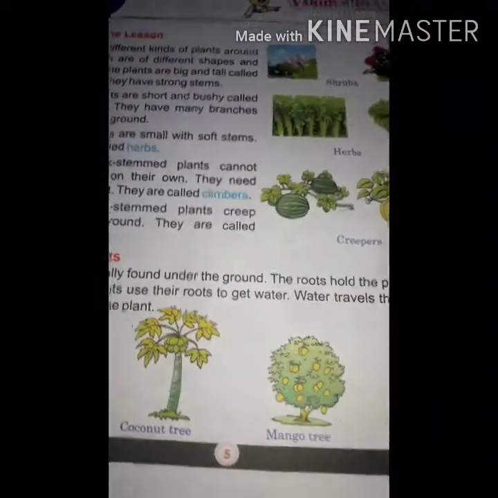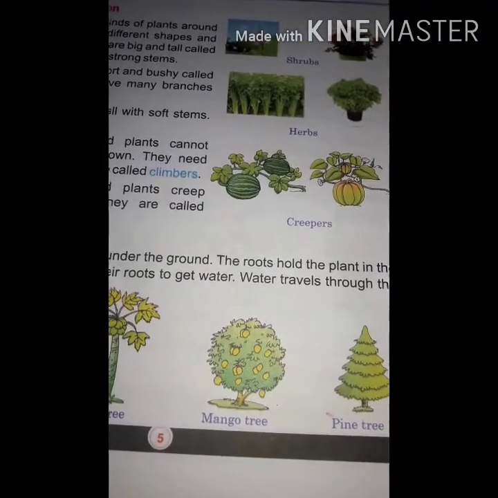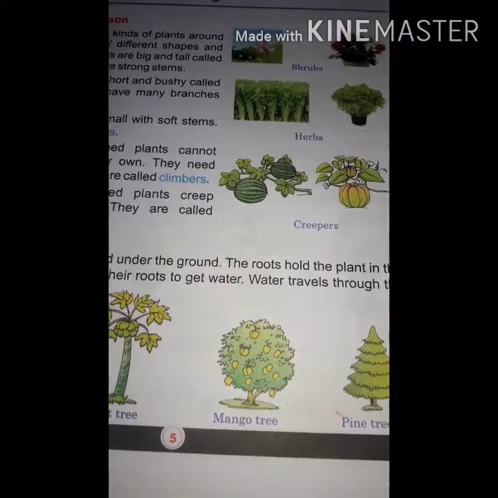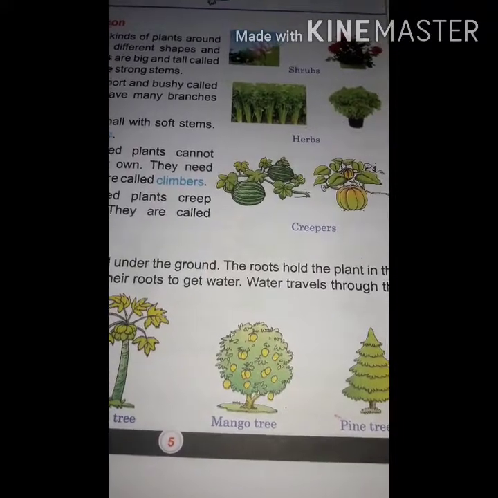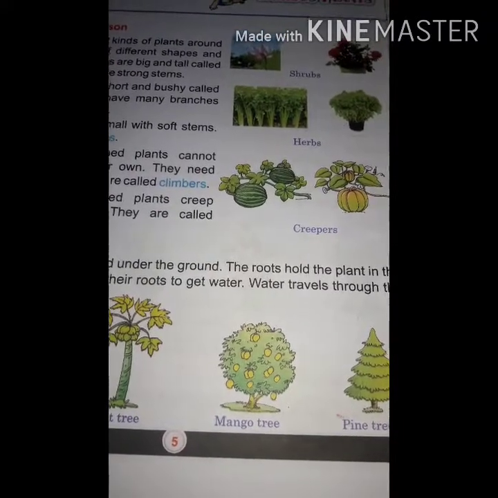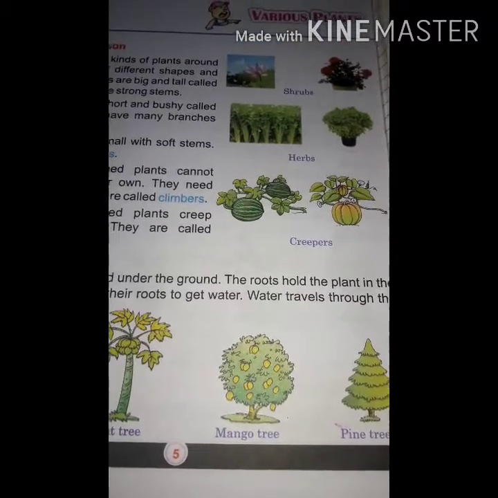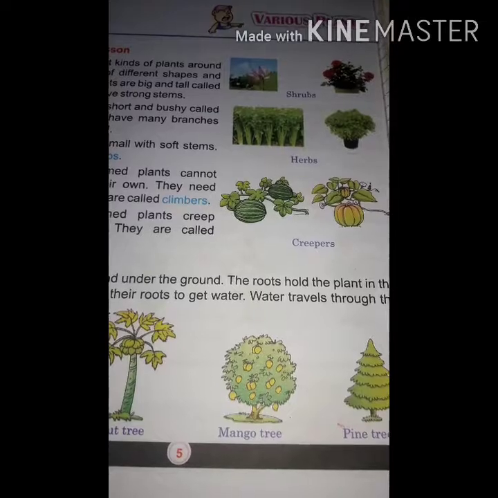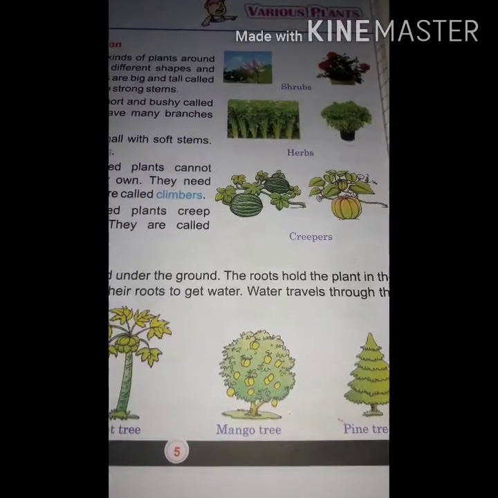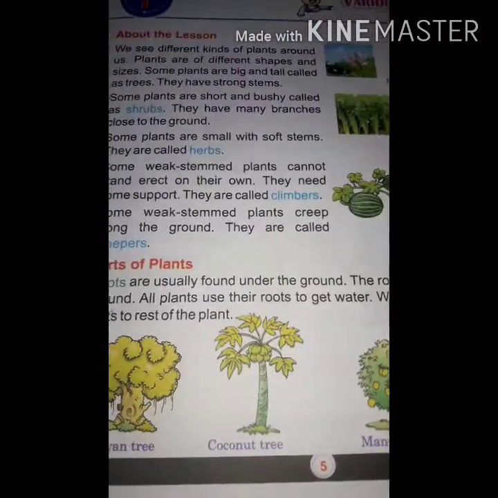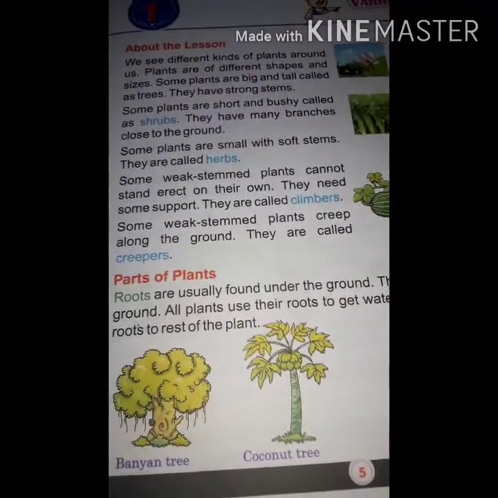Okay, on the left side we are seeing some plants. First of all, shrubs, then herbs, then creepers. Herbs are small shrubs and creepers are the plants which grow on the earth.